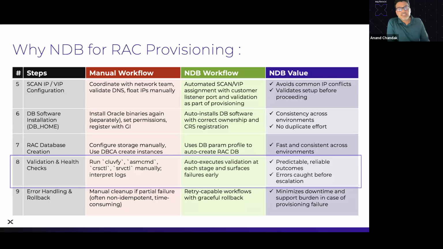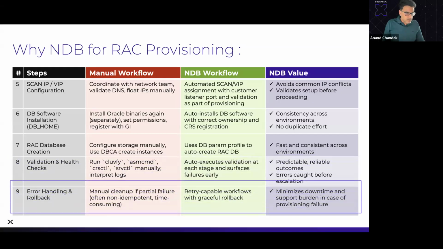Whereas with the NDB workflow, we auto-execute these validation commands at each stage, and if there is a problem, it surfaces early. So what you get is a more predictable, reliable outcome, and a way to catch the error early rather than failing at the foundational level. And finally, error and rollback.